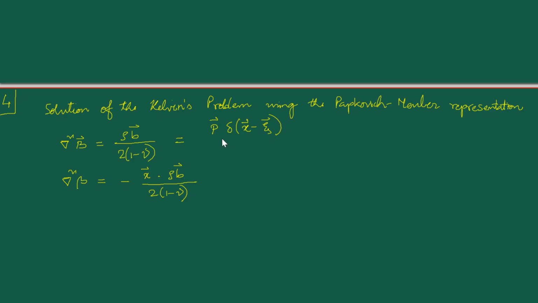This is how we convert the general statement of the Popkovich-Neuber representation to something specific to our problem. Similarly, for the second equation, we replace this rho b vector by this p vector with the Dirac delta.